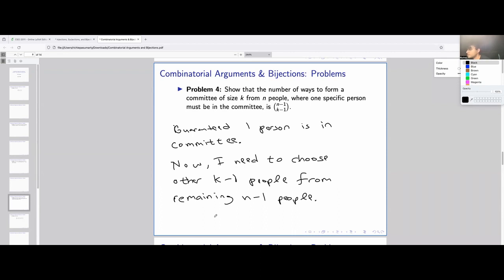And what is this? This is just equal to n minus 1 choose k minus 1. So we can see that the number of ways to form a committee of size k is n minus 1 choose k minus 1.